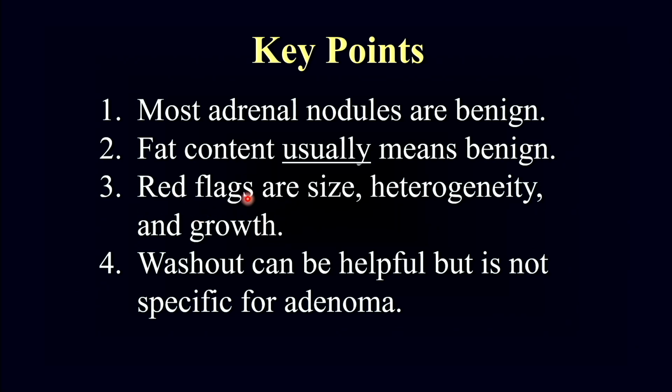And there's a couple other things that we'll talk about as we go through the lecture, but the idea is that if you see an incidental adrenal nodule and it doesn't look right, then don't just rely upon fat or washout characteristics to say that it's just an adenoma or something that's benign.